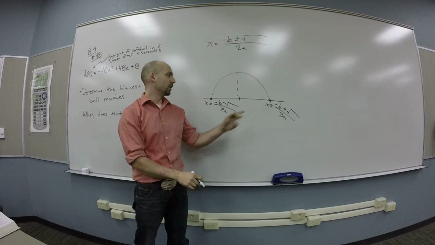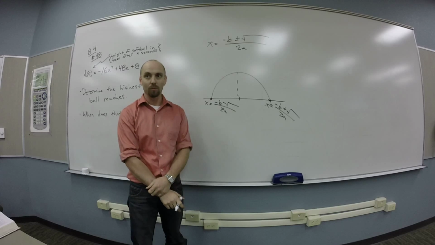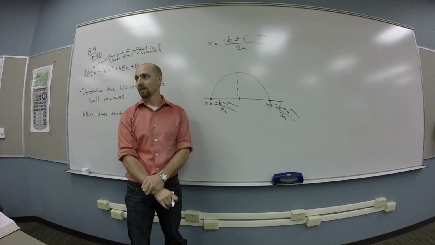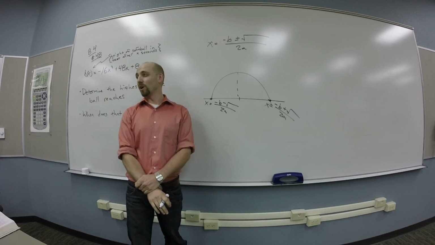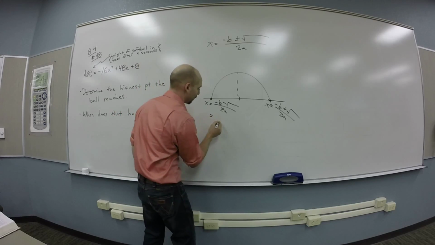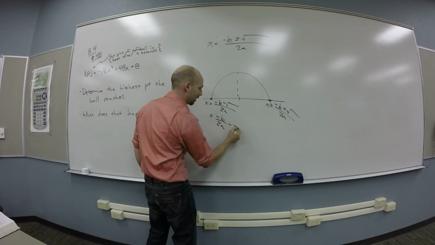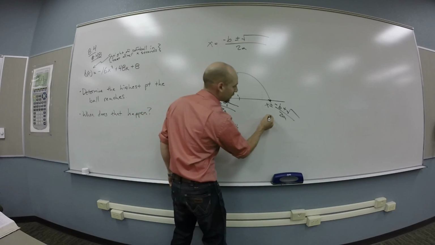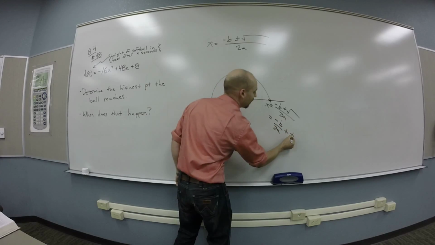So what's halfway in between negative b plus root whatever over 2a and negative b minus root whatever over 2a? It's maybe a little weird to see. What if I wrote them in a slightly different way? What if I wrote them as negative b over 2a minus a number and negative b over 2a plus a number?